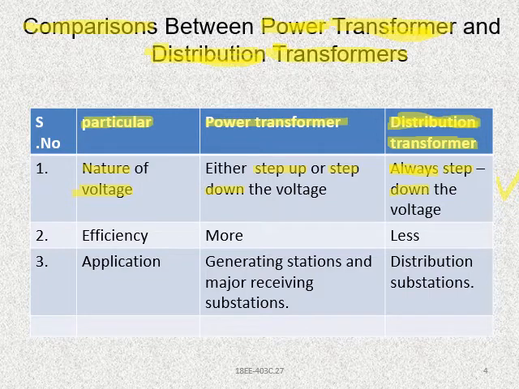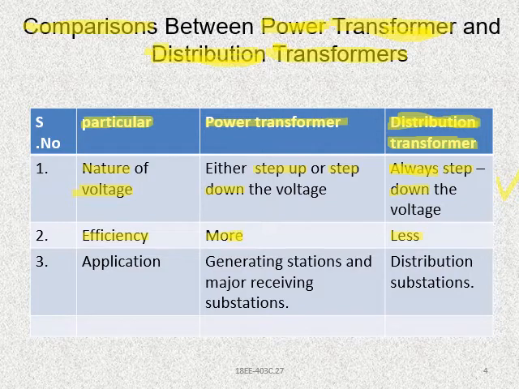Now, coming to the second point, efficiency. The power transformer has more efficiency, whereas the distribution transformer has less efficiency. The reason is, a distribution transformer is always connected directly to the load, not the power transformer.